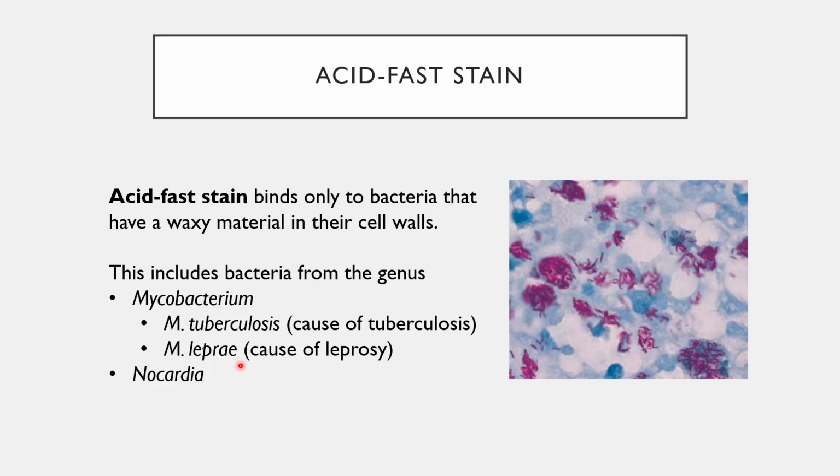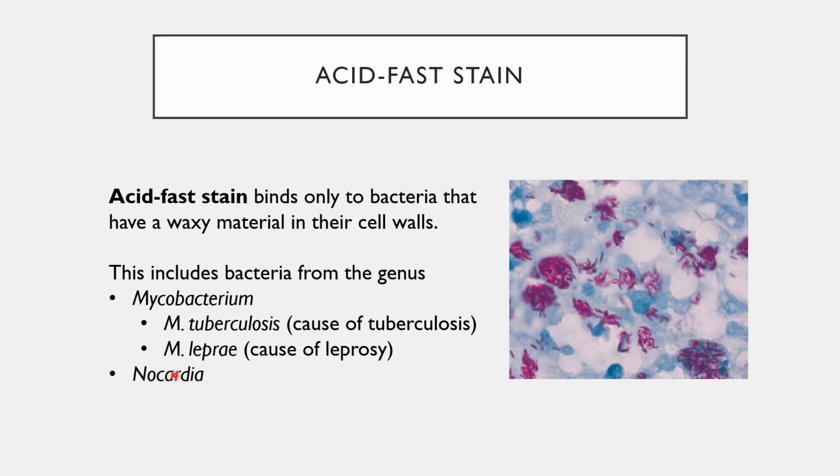Nocardia are a genus of bacteria wherein some are pathogenic, but they are usually only seen in immunocompromised individuals. So the main differential purpose of acid-fast staining is focusing on the genus Mycobacterium.